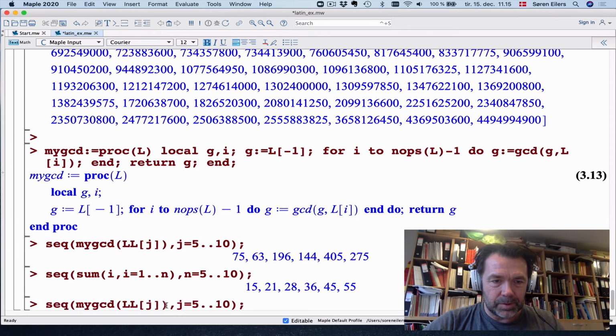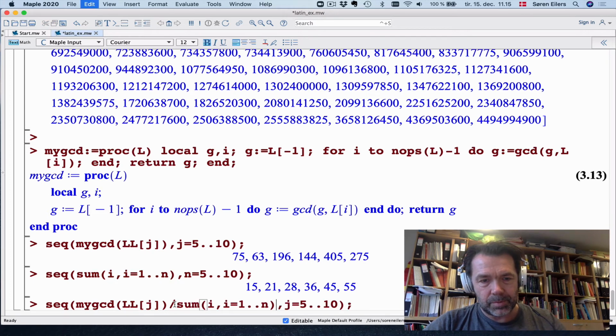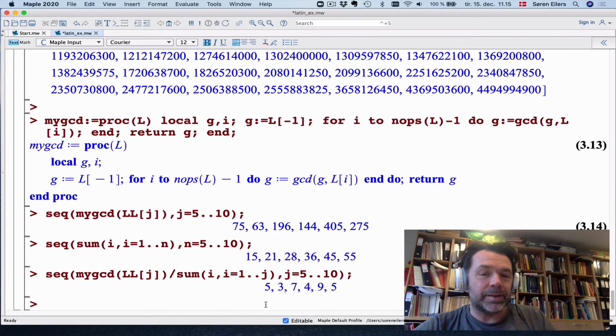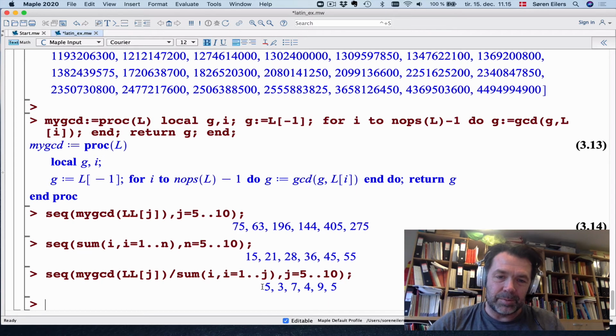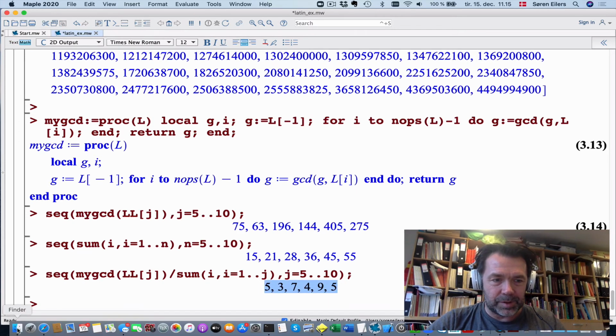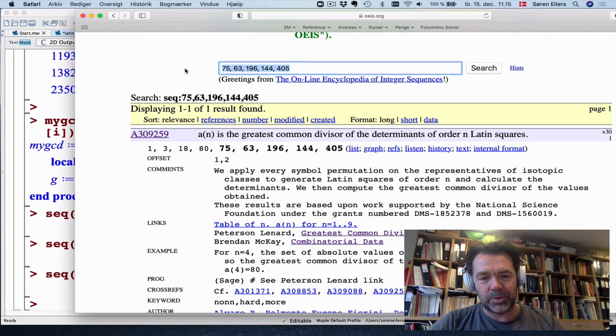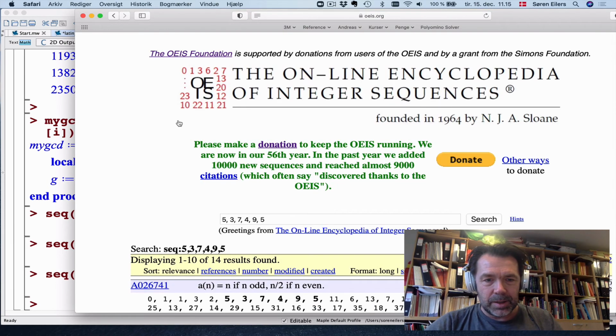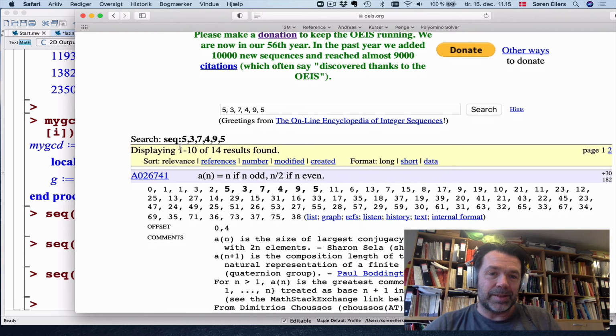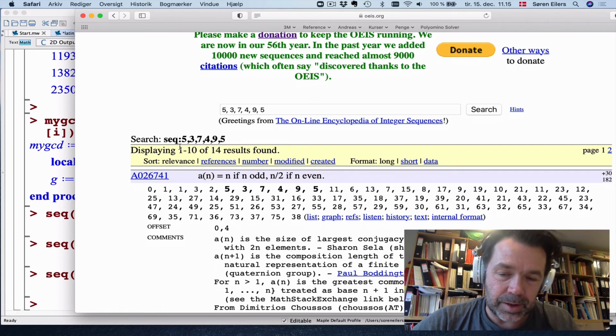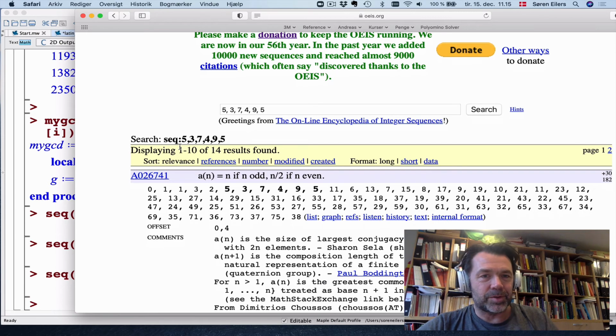I can do this one divided by this one to have a j here. I get these numbers here, and then this is something which is slightly more mysterious. I don't know if I can find it in the OEIS, but I have an idea of what this is supposed to be. Yeah, you can see it's n if n is odd, or n over 2 if n is even, and actually from a bachelor project that a student of mine did some time ago, I'm pretty sure that this is also something which is provably correct.